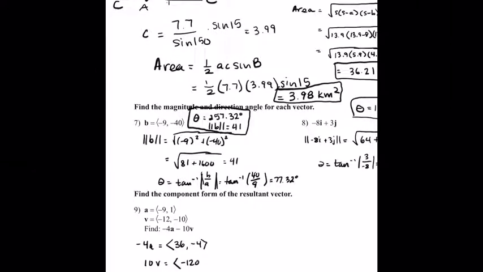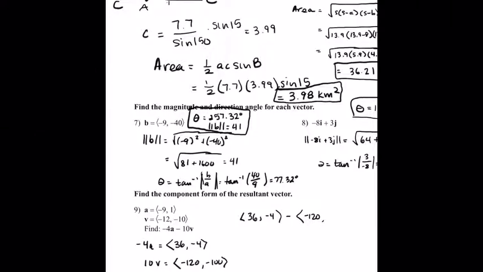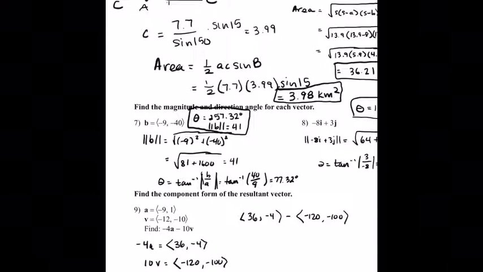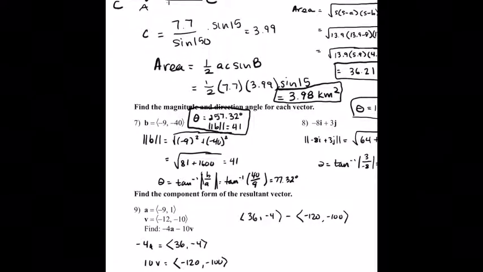that's going to give -120 and -100. Now all I've got to do is subtract these. And you subtract horizontal components, so 36 minus -120, that's going to be positive, because we're adding.